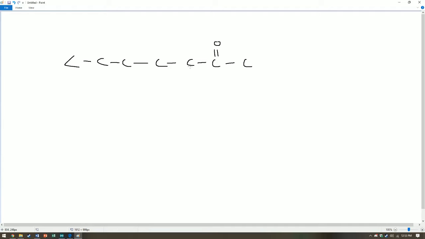And then we are told on the third and fourth carbon, there are methyl groups. So there are methyl groups, CH3, CH3, on those carbons. Then we fill in our hydrogens.